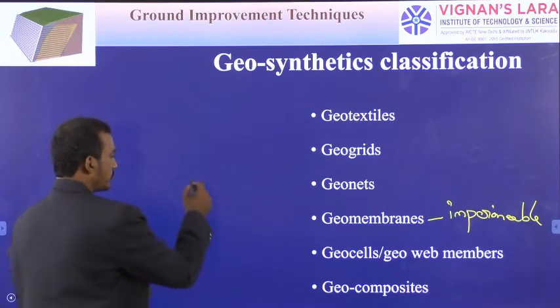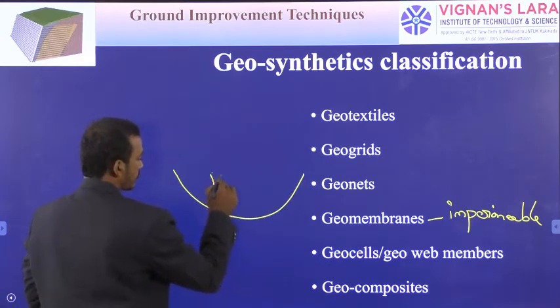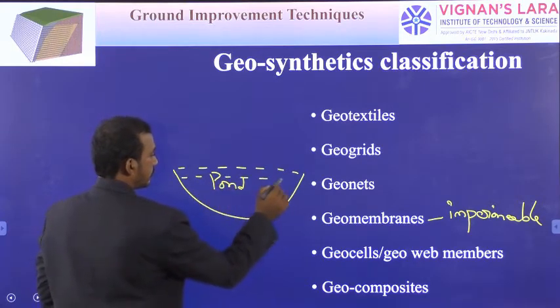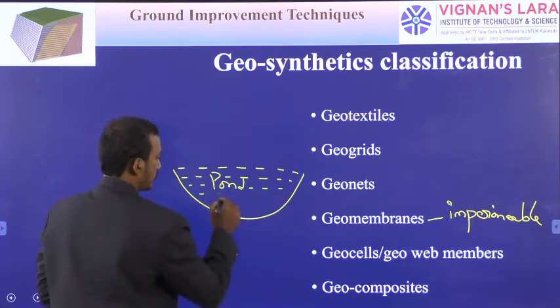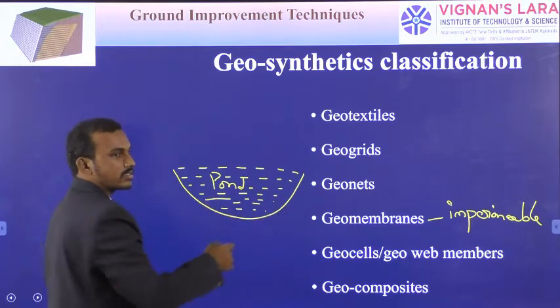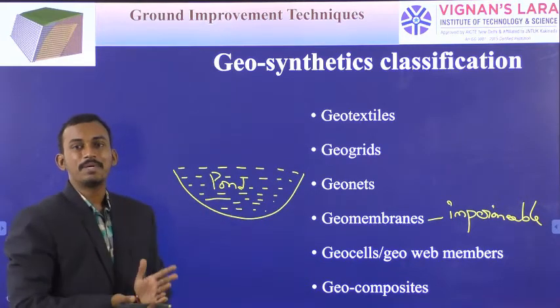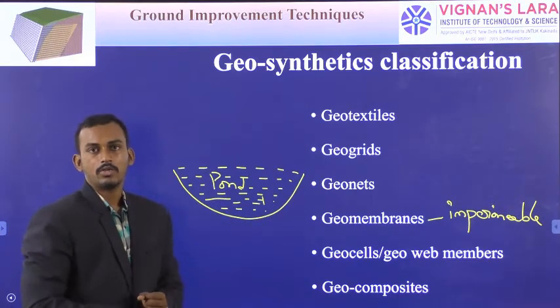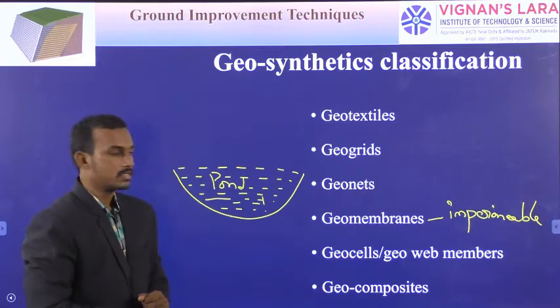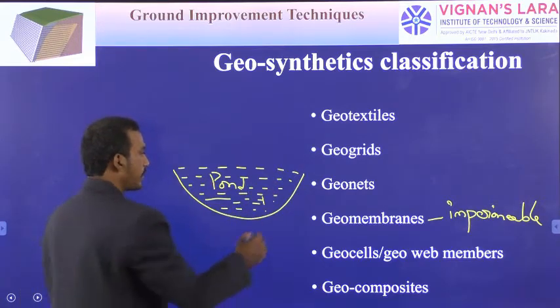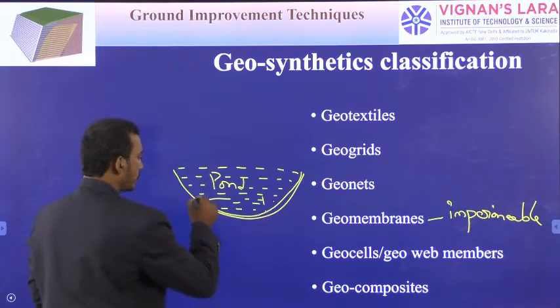Mostly we use it in ponds. It is a pond having full water, but the soil is not a good soil. So the seepage is going to occur, or the water is leaking from the pond. So in such cases what we have to do is, based on the type of the soil, initially we have to place a geomembrane.